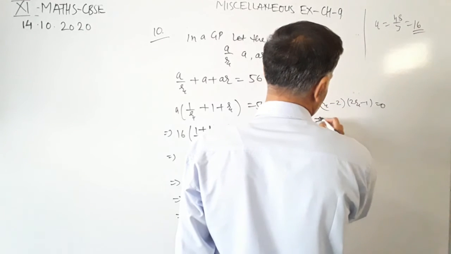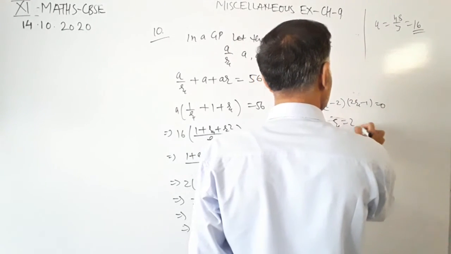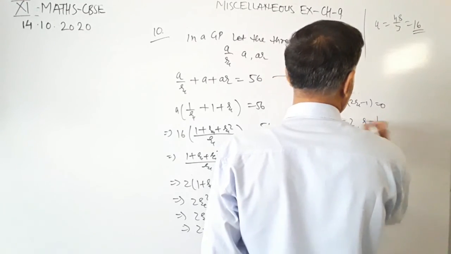So R is equal to 2 and R is equal to 1 by 2.